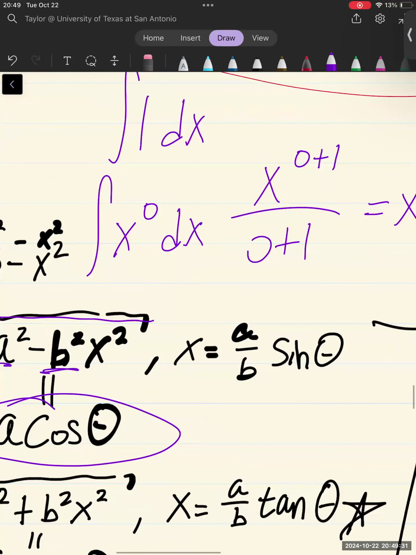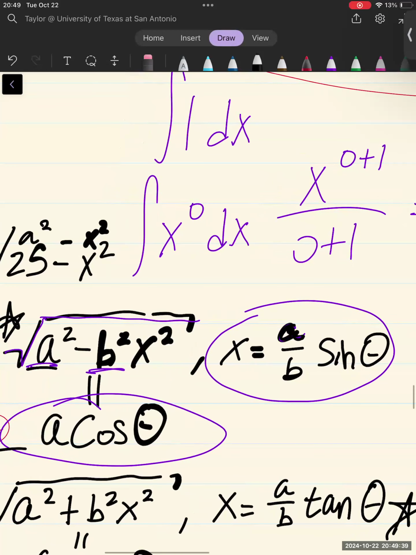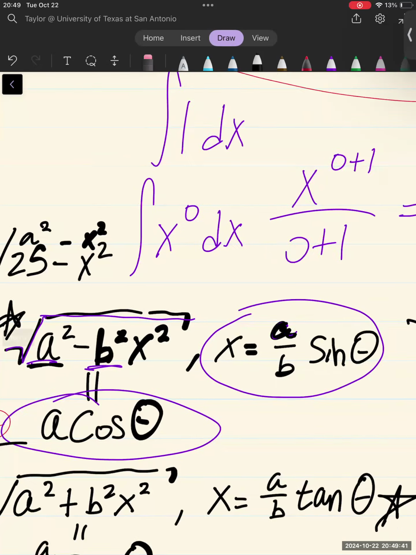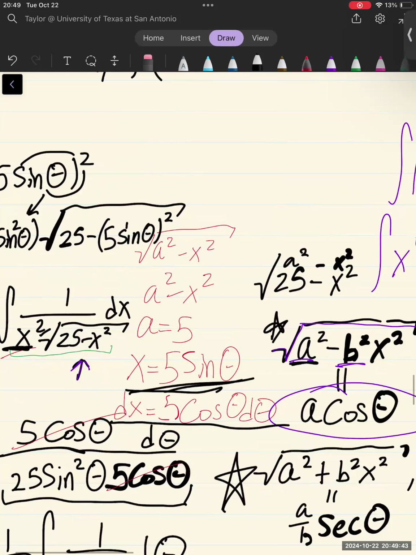We see that when we have our like equivalents for X, we have A right here, and it's just the same A that's under the radical, right? But in this case, we have A squared. So A squared equals 25. So then the square root of A, you have to square root it, so it's 5.